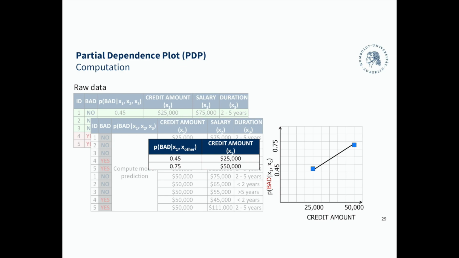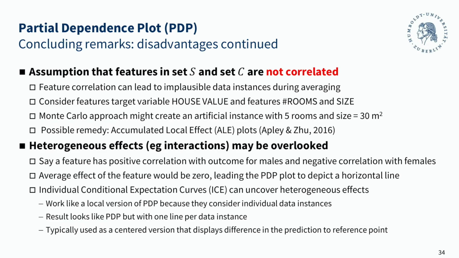The issue with correlated features is, in such approaches, you might create data points artificially that are extremely unlikely or even impossible. But then you average over these impossible data points and produce outcomes, like estimates of feature importance, on the basis of very unlikely data, which is an issue.